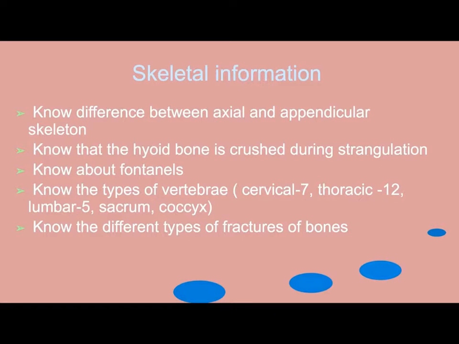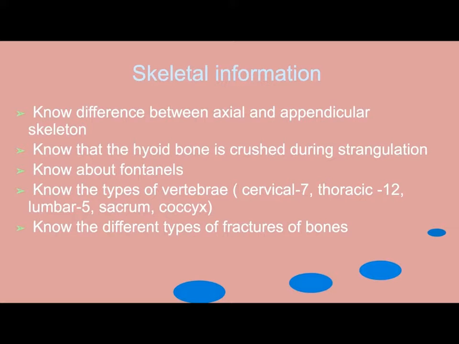Now, the specific areas of the skeletal system that will be addressed in this video will include teaching the difference between the axial and the appendicular skeleton, helping the student to identify the hyoid bone. The hyoid bone is a bone that we'll show you in a slide or two. But when this bone is crushed, it is a good indication that some kind of strangulation occurred.